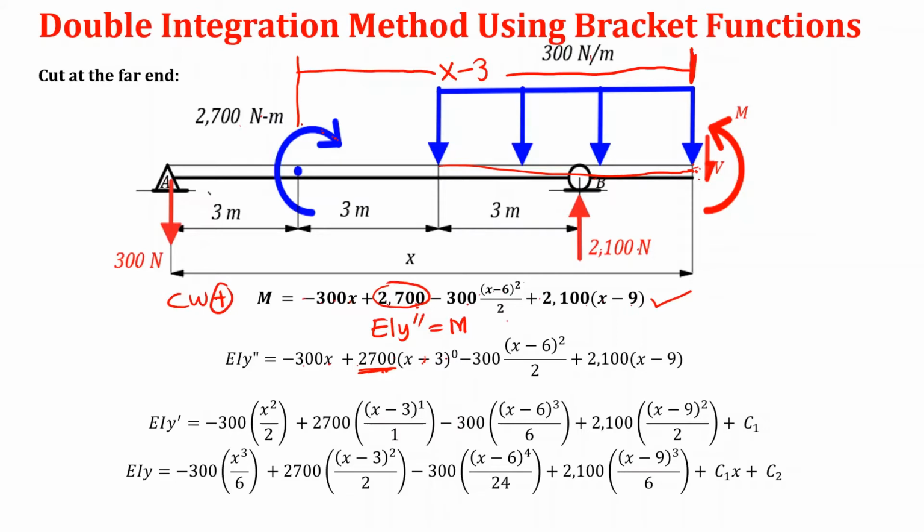Pero take note guys, pag moment equation, ato lang na siyang butngan og 0 na exponent. Okay, anyway, any number raised to 0 is 1. Diba? Maski 1 million pa na, basta raised to 0, 1. So, ang kaning x minus 3 raised to 0, mura ra gyapon nag 1. So, walay na bag-o. 27 times 1 is still 27.